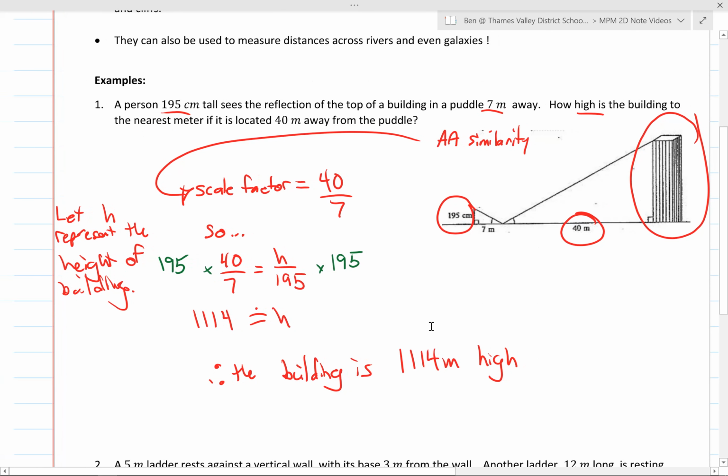Oh, sorry, this should be centimeters that we're working in here. 1,114 centimeters high. If we convert this to meters, because we're trying to find it to the nearest meter, that is 11 meters high if we round to the nearest meter.